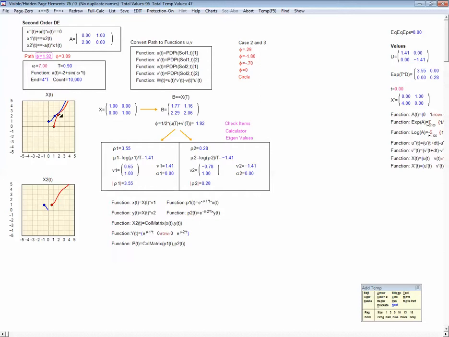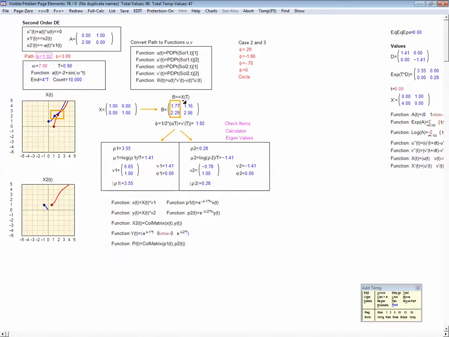And over here, these 2 points actually represent B. I'm evaluating the first solution at time big T. I'm evaluating the second solution at time big T, and then I'm putting that result in.